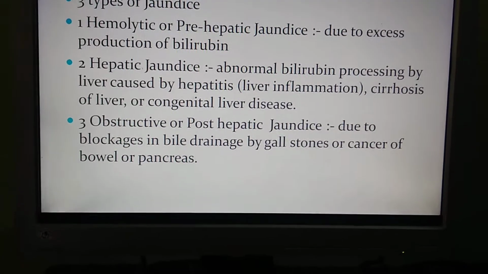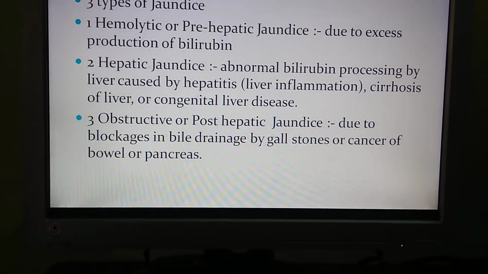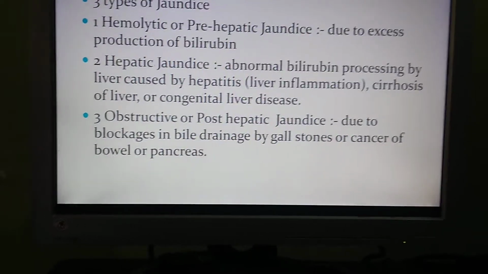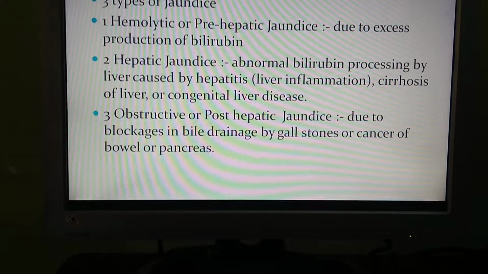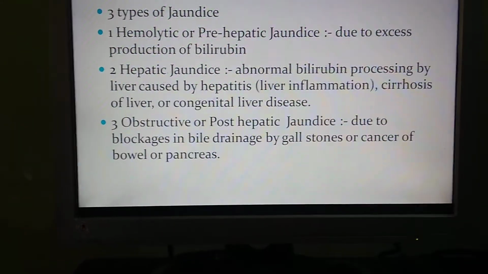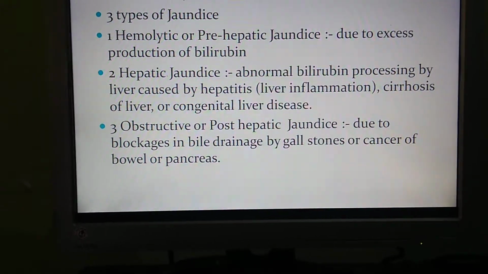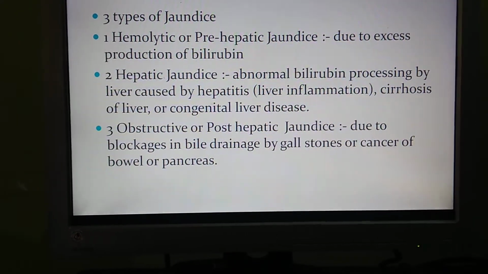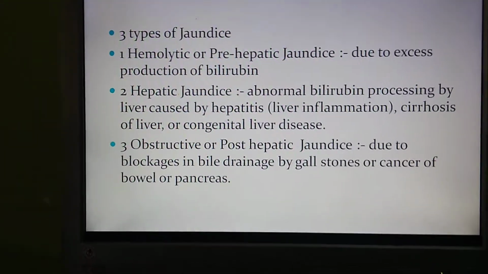It will be stored in the liver itself and the serum bilirubin level will increase more than normal. Many times it is due to gallstones or cancer of the bowel or pancreas. So, in short, obstructive or post-hepatic jaundice is due to blockage in the bile drainage by gallstones or cancer of the bowel or pancreas. We should remember this.